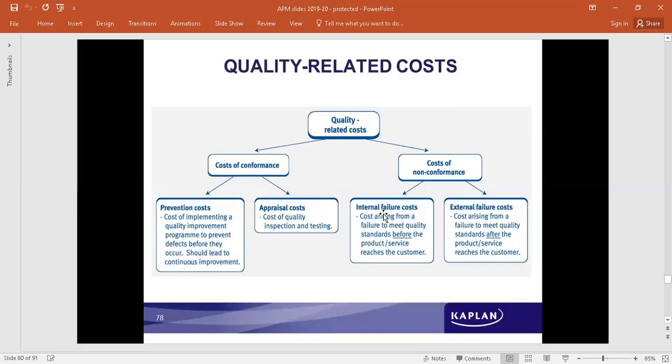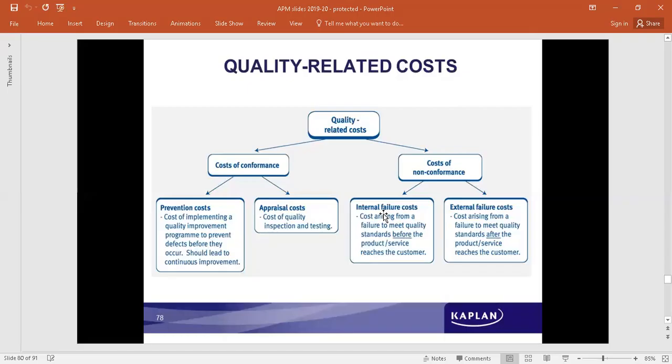Then we have external failure cost. External failure cost is when the units that are produced, when randomly picked up, are defective, and they are also delivered to the customer.